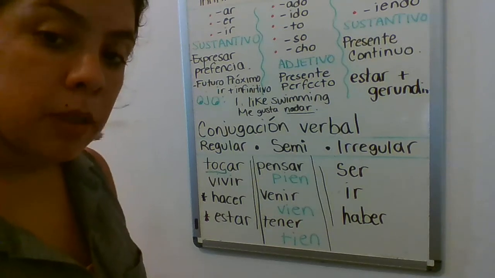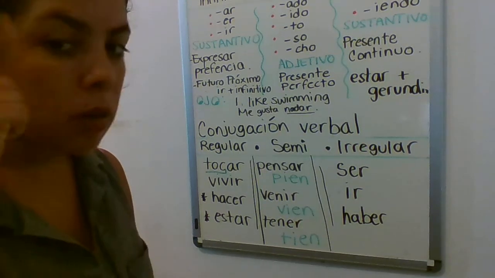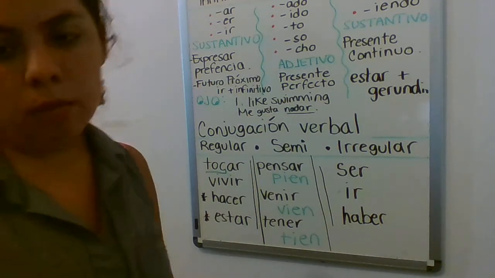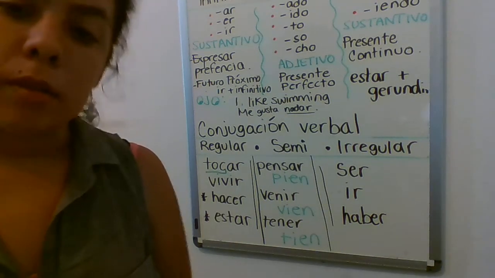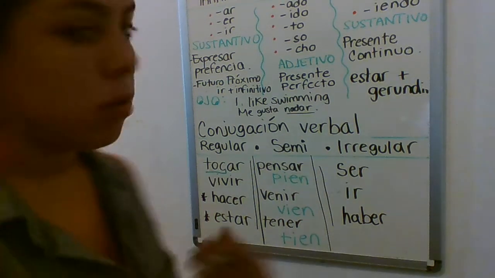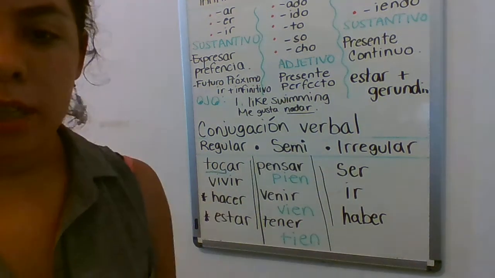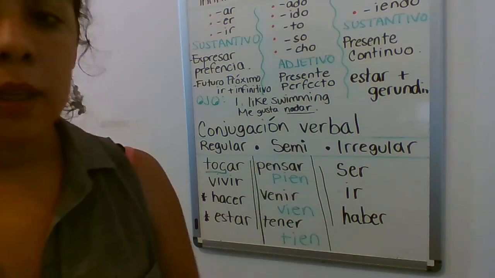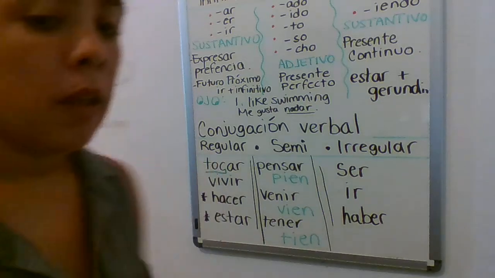That will help you with the fluency as well. So when you go in your mind thinking, okay, he did this, and then you already associate, él hizo, él toca, nosotros tocamos. So when you practice your conjugations, please try to use the personal pronouns. It will be better in the long run.